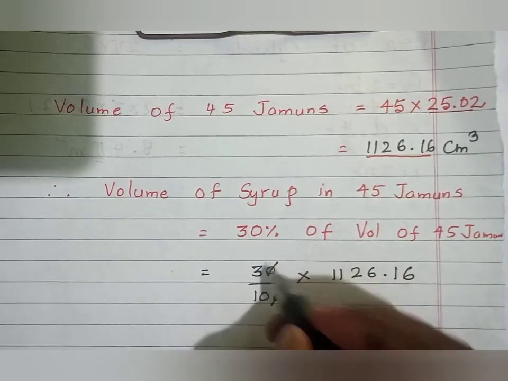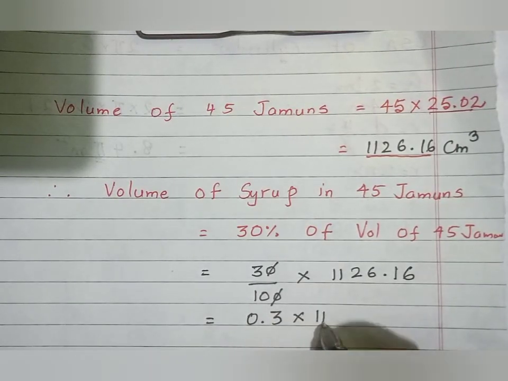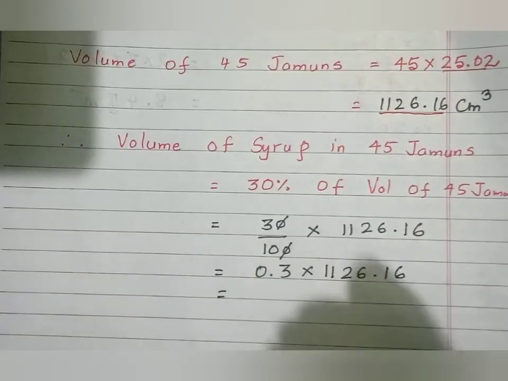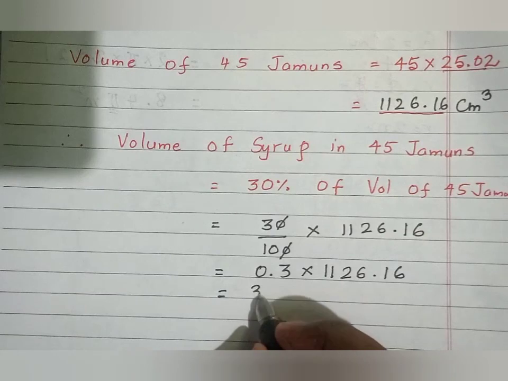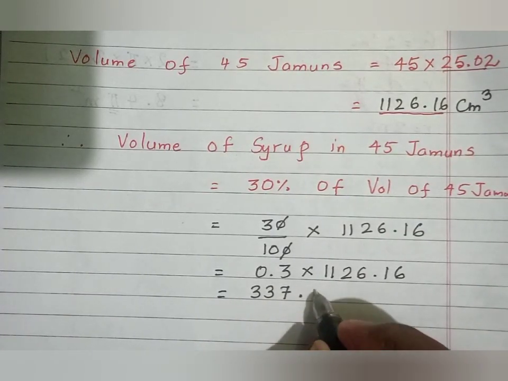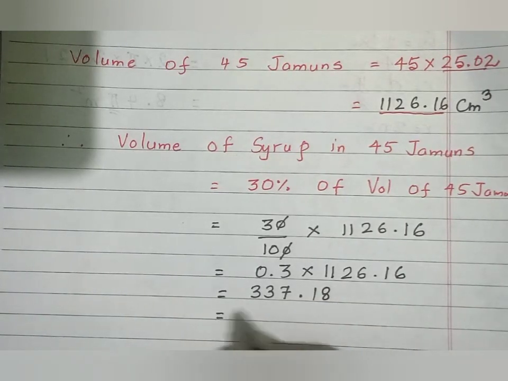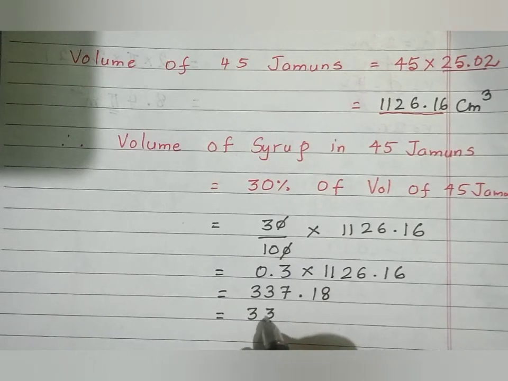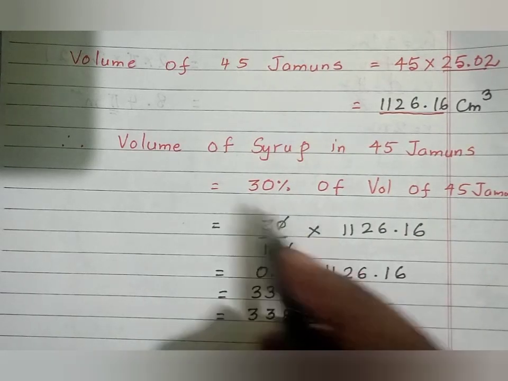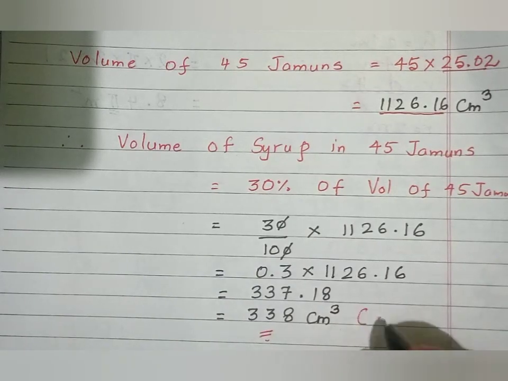Now the zeros will get cancelled. 3 by 10 can be written as 0.3 into 1126.16. If you multiply these two, we'll get 337.18. Now the approximate value is around 338 centimeter cube. So volume of sugar syrup is 338 centimeter cube approximately.